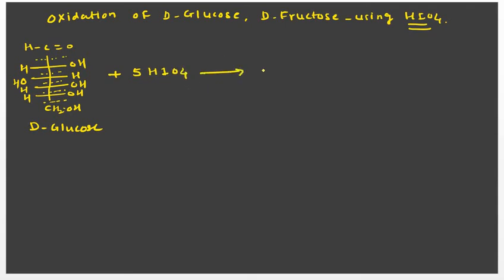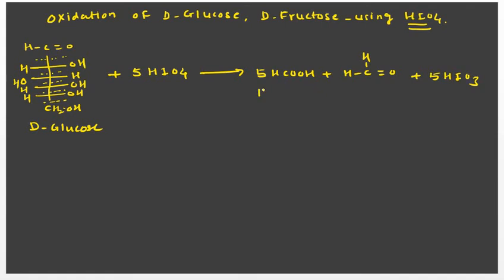Okay, and what are the products? Remember, we get 5 HCOOH plus we get 1 formaldehyde, HCH double bond O, plus we get 5 HIO3. So these are the products.